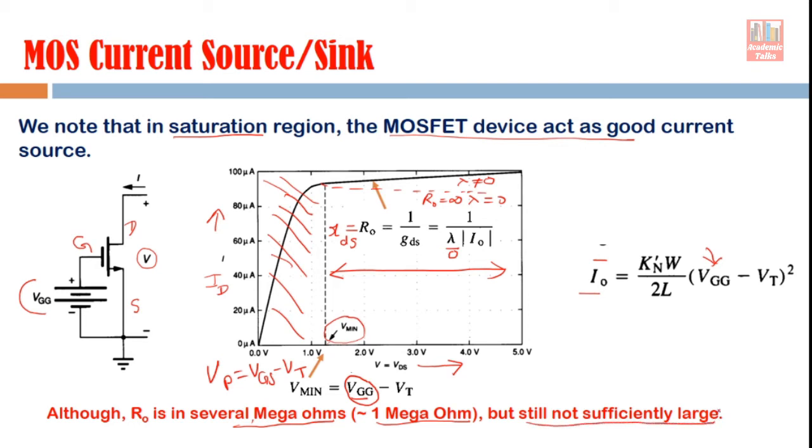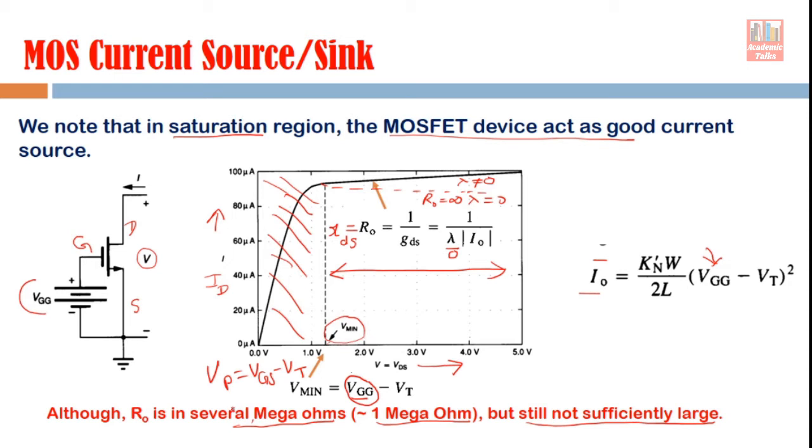You know that ideally it should be infinite, and if we want to improve the performance of our current source, we should try to increase this output resistance as high as possible and try to make it infinite. We cannot make it infinite because that is the ideal system, but we can make it as high as possible. So this R naught which is available in this circuit is of course high, but it is not sufficient.